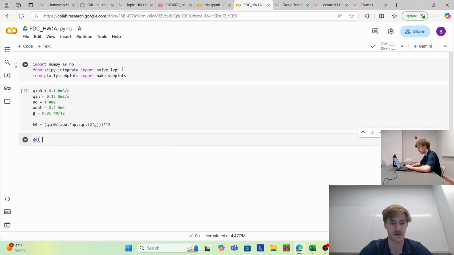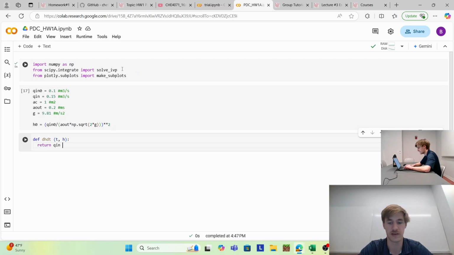And then we can define our function. So define dhdt, taking a time and height, across a time span with an initial height. And we just want to return our change in height at each time step.